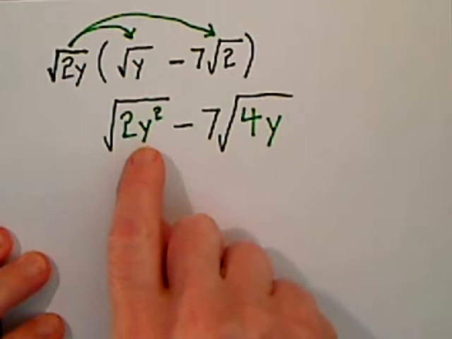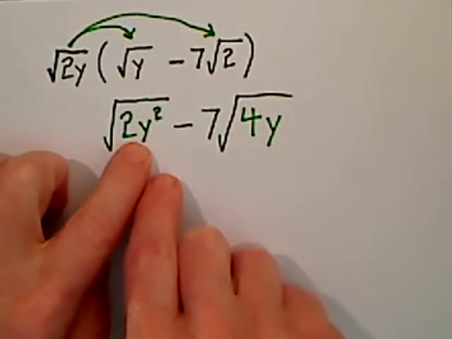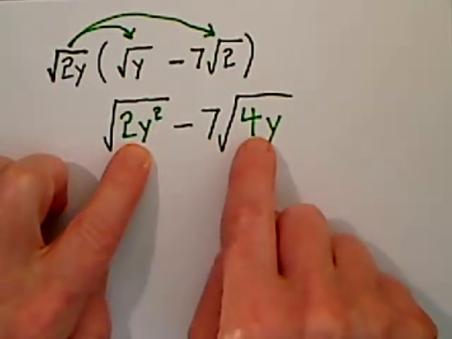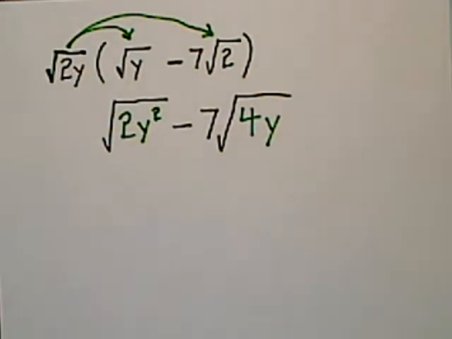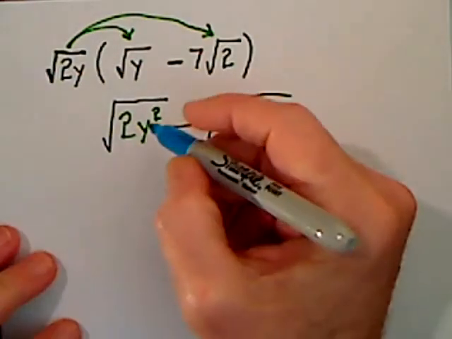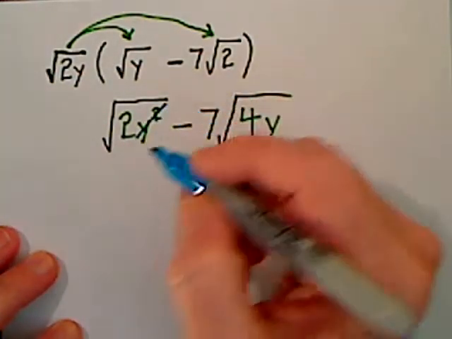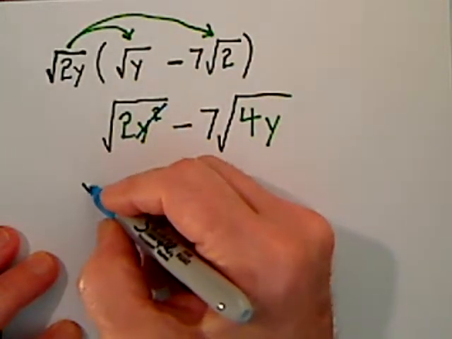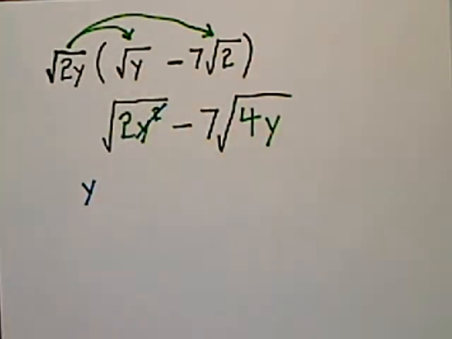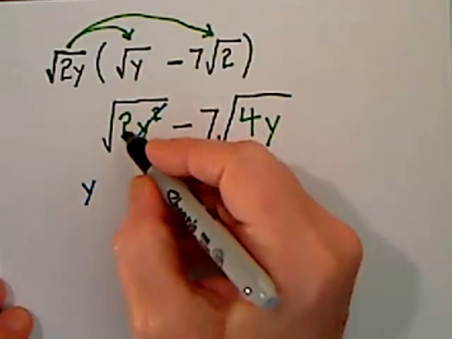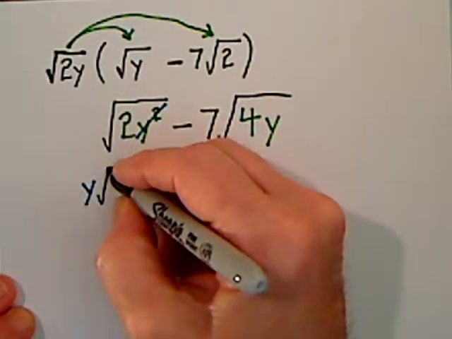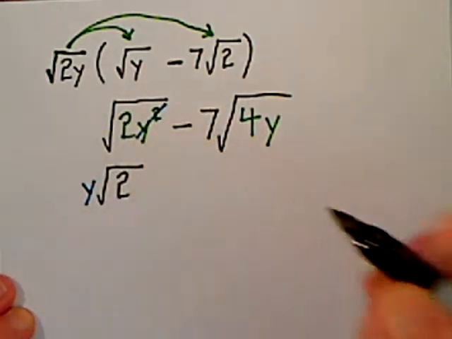We can clean up a little bit here. We could get that y squared out from under the radical, and we could get the 4 out from under the radical. So the square root of y squared is y. And this 2 is still trapped underneath the radical sign. Okay.